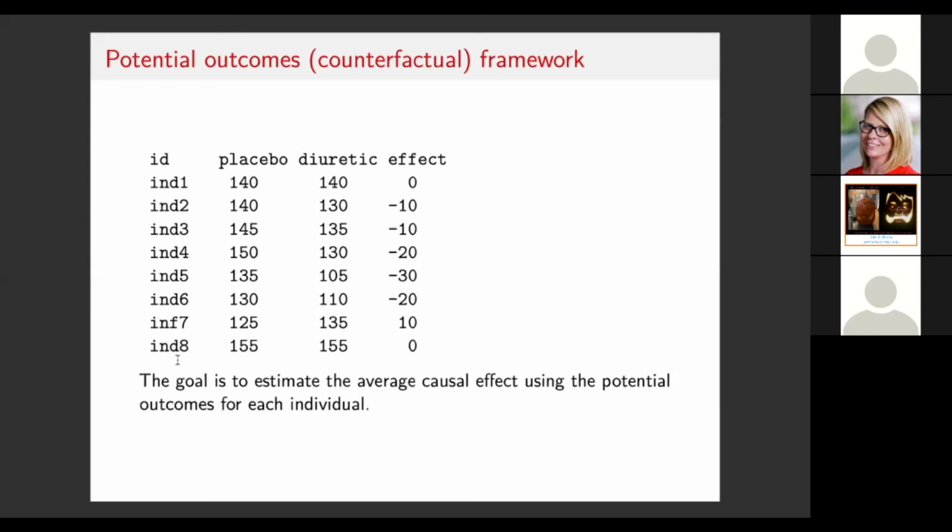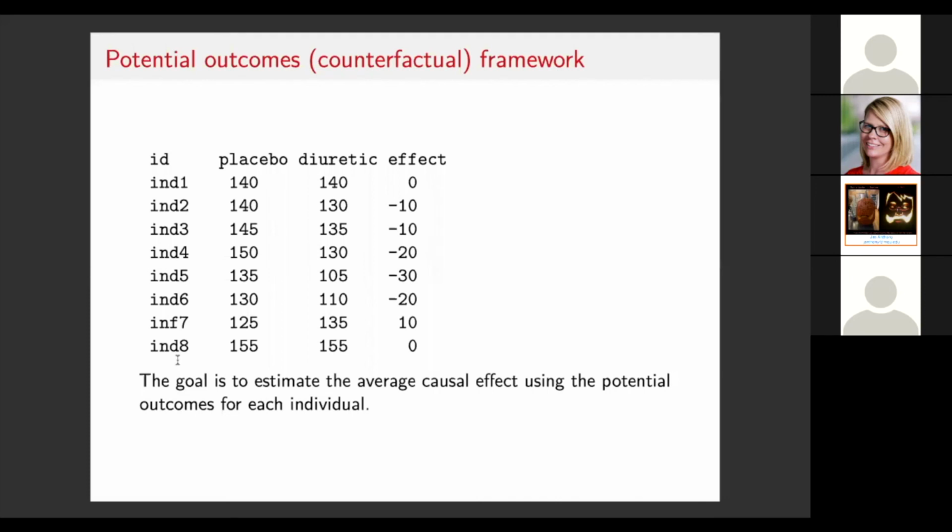Or there are certain outcomes, like if the outcome was mortality, if a person dies, you cannot give them the other intervention. So it's not feasible. So in a large majority of the cases, we have to resort to some assumptions in order to estimate the causal effect.